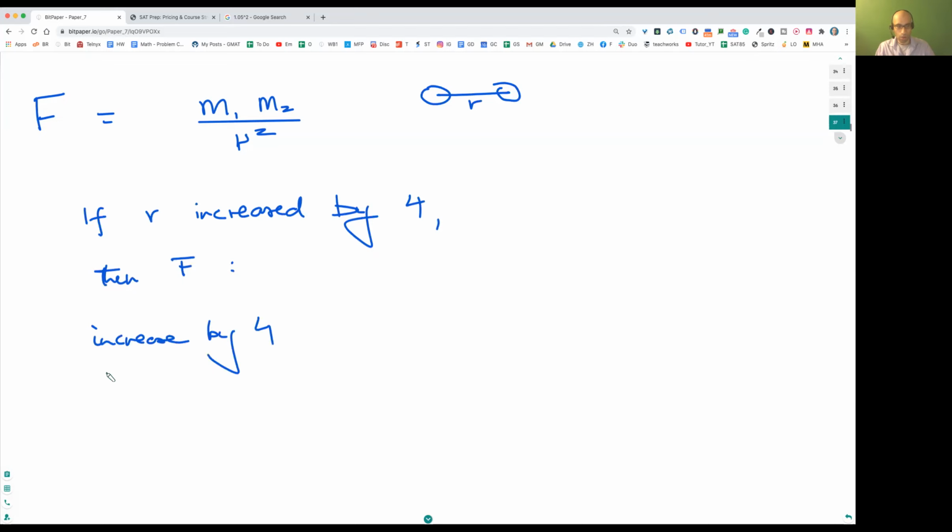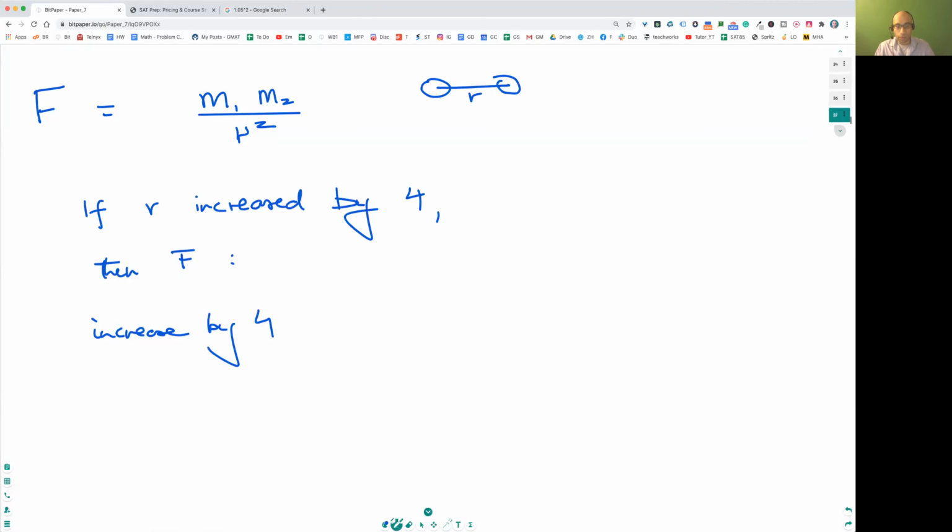Instead of saying increases by 4, increases 4 times is a better way to say it. So if R increases 4 times, then what happens to the new force?